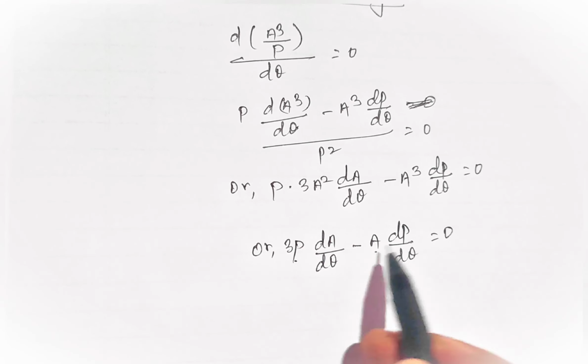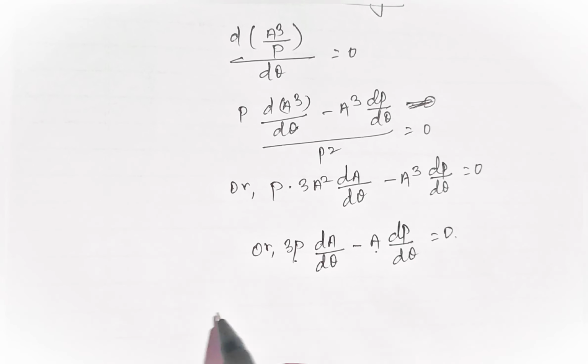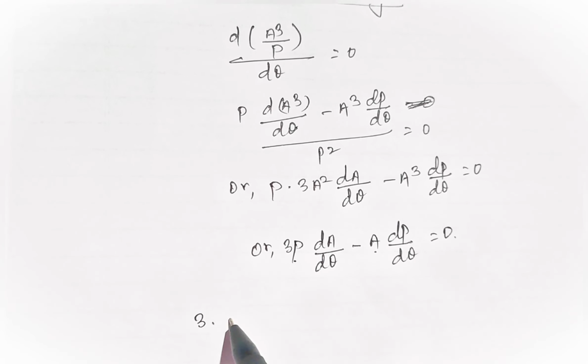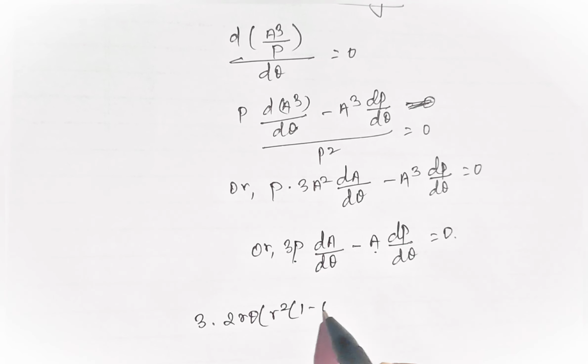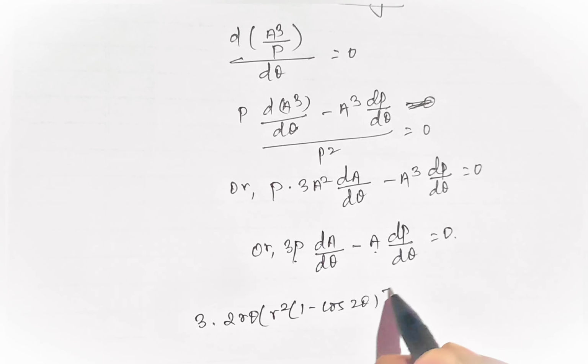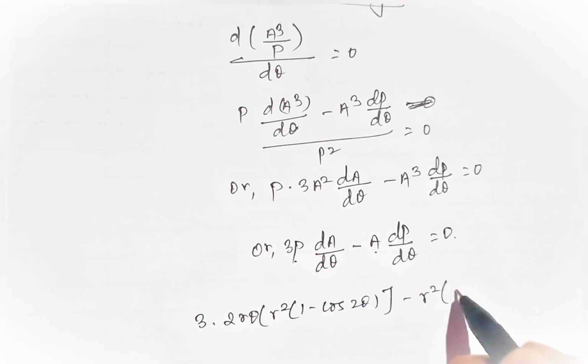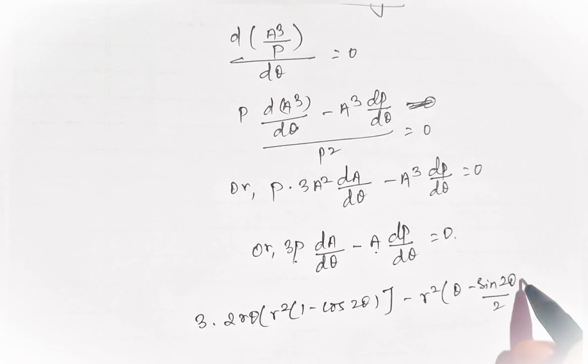Placing the values in this equation, this can be formed as 3 times 2r theta, times r square times 1 minus cos 2 theta, minus r square times theta minus sine 2 theta divided by 2, times 2r equals 0.